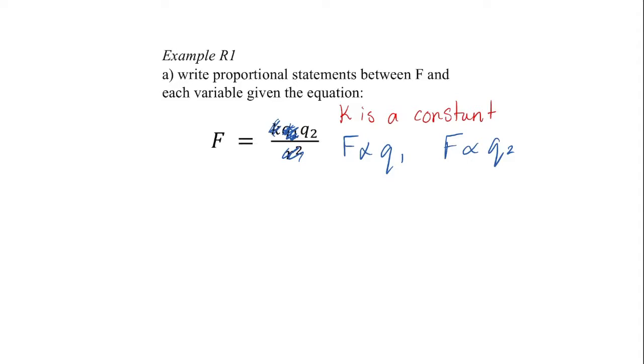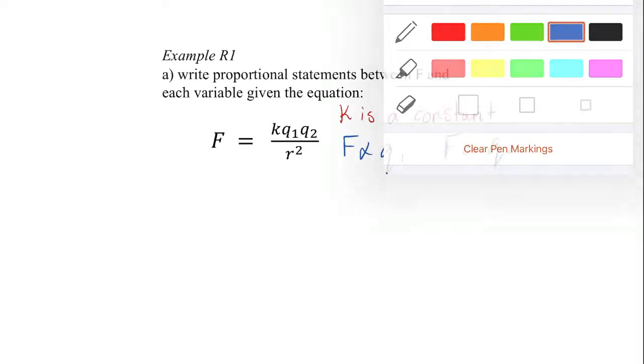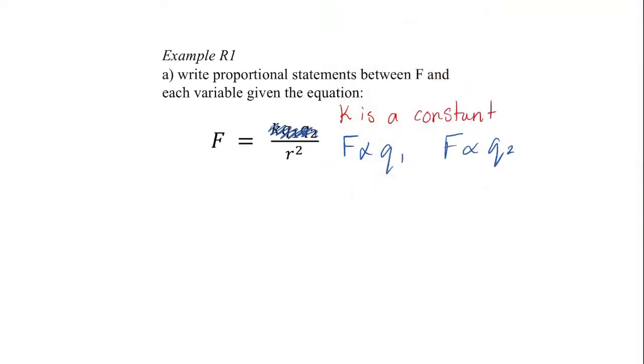But of course we have one more, and that is R, because K is a constant, so we don't care about that. So when I'm looking at R, again, I do ignore everything else. I just say, okay, well, now this whole numerator is ignored. The only thing is, R is in the denominator, and I can't change that, right? We can't just say force is proportional to R squared, because it's not. It's proportional to something over R squared.